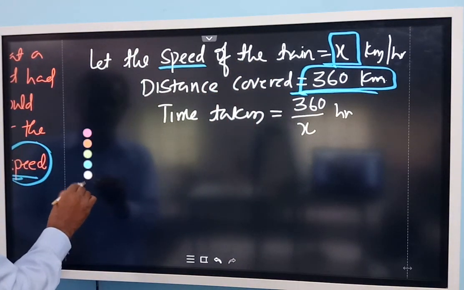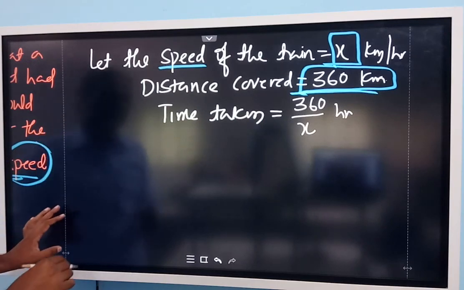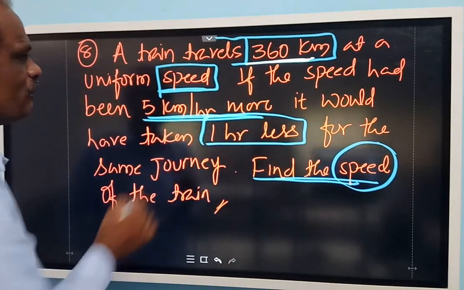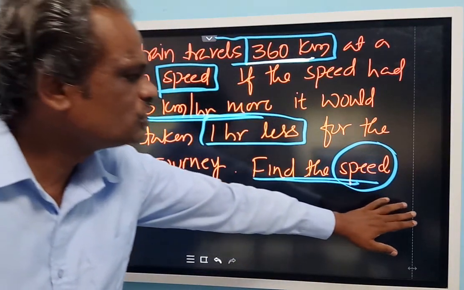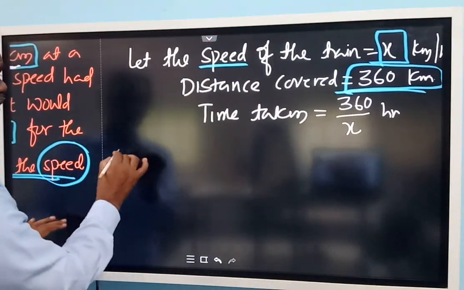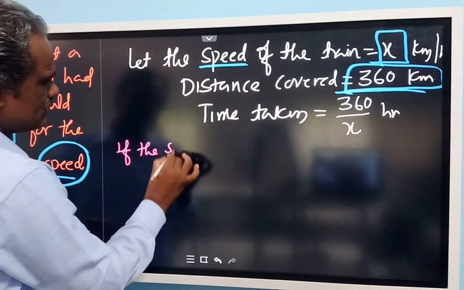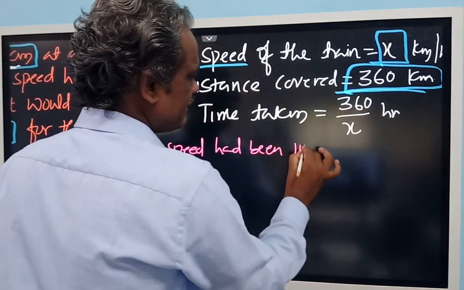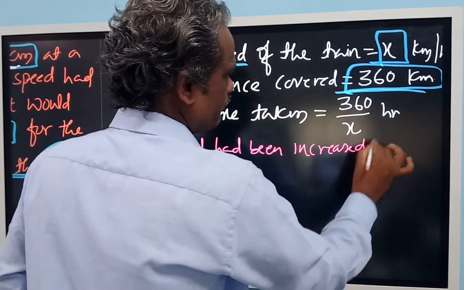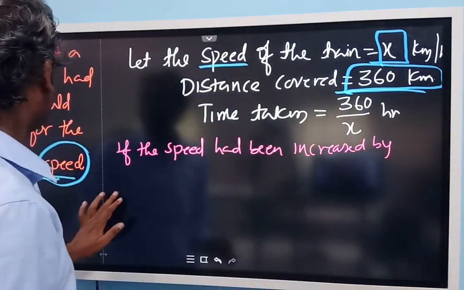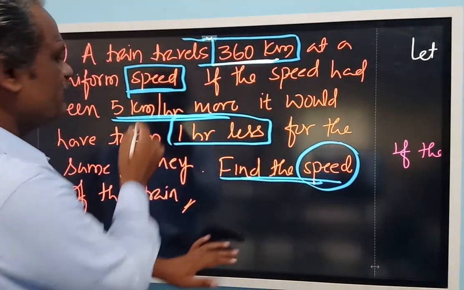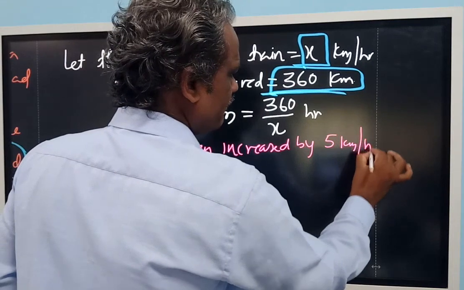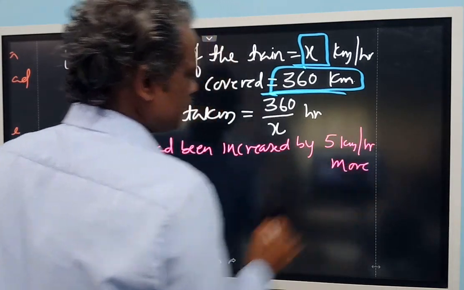Then the next part: if the speed had been increased by 5 kilometers per hour more, then what happens?